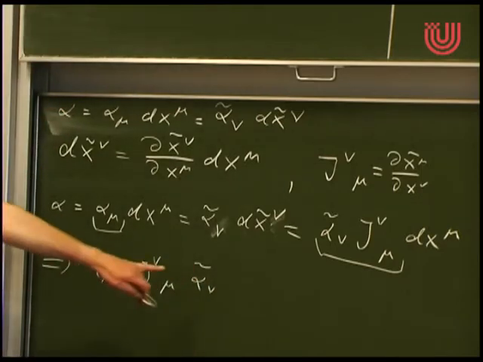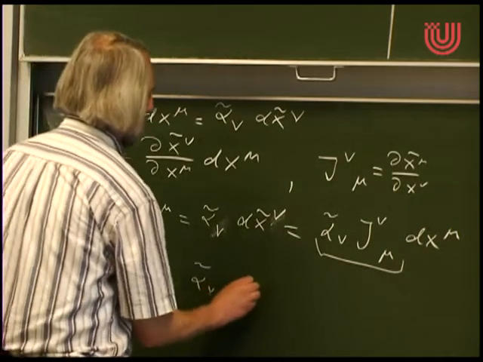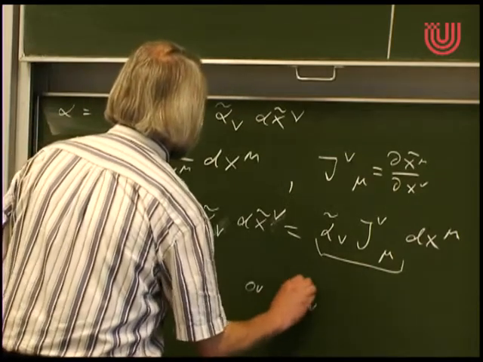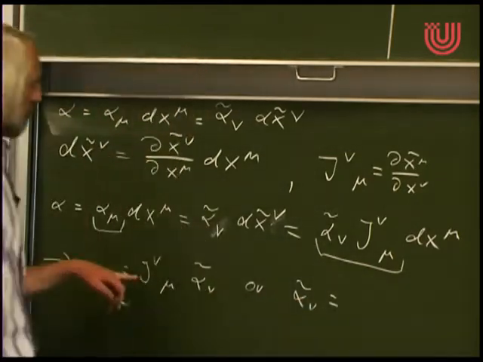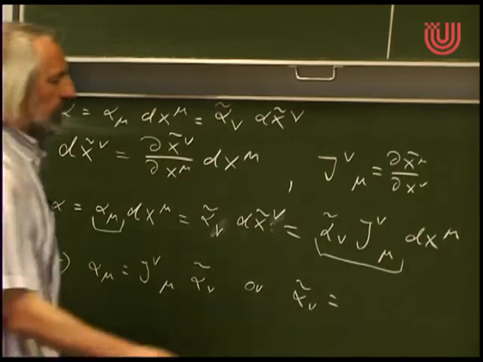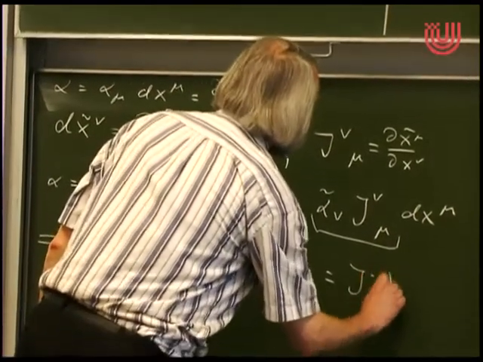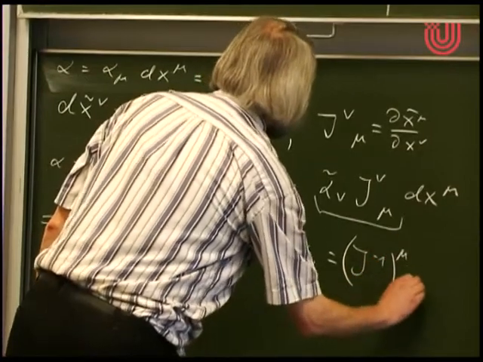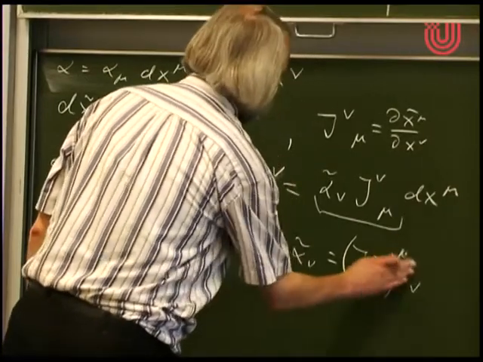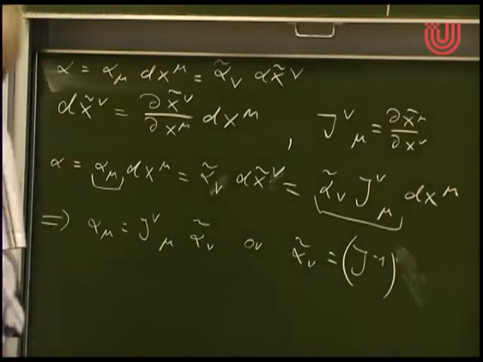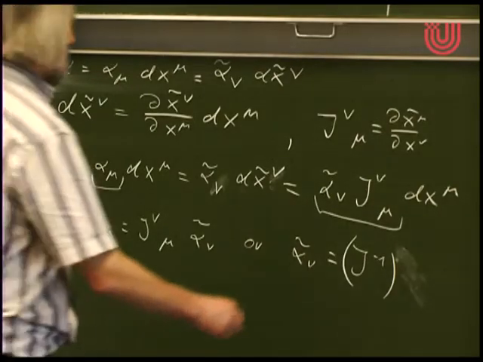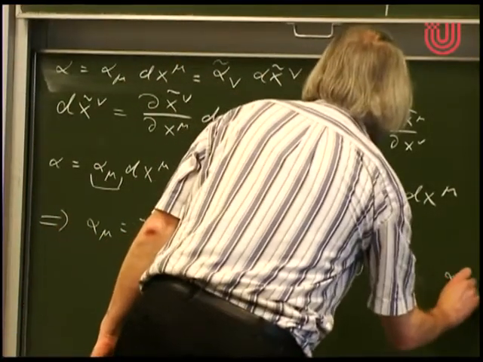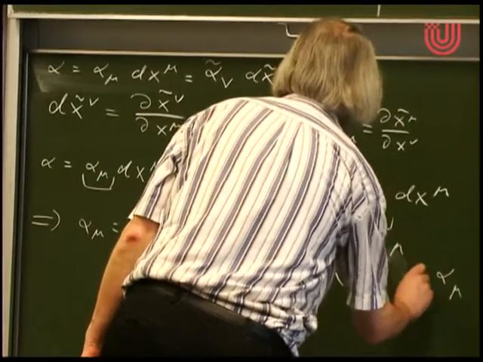Or if I want to solve for the twiddled ones, then I have to invert this matrix, so now the inverse Jacobi matrix occurs. I have an alpha mu here, so I need to match the indices here.